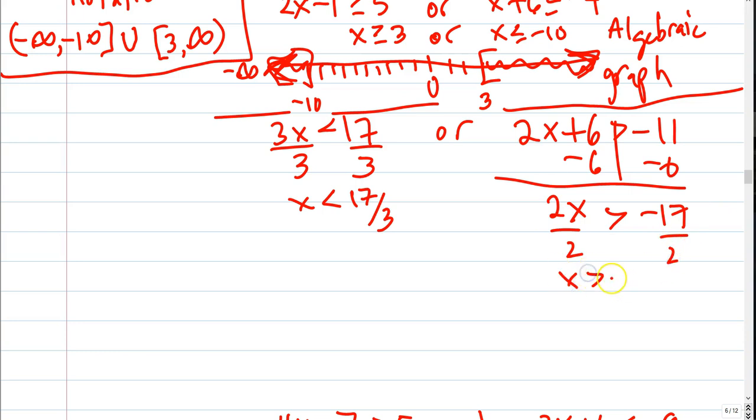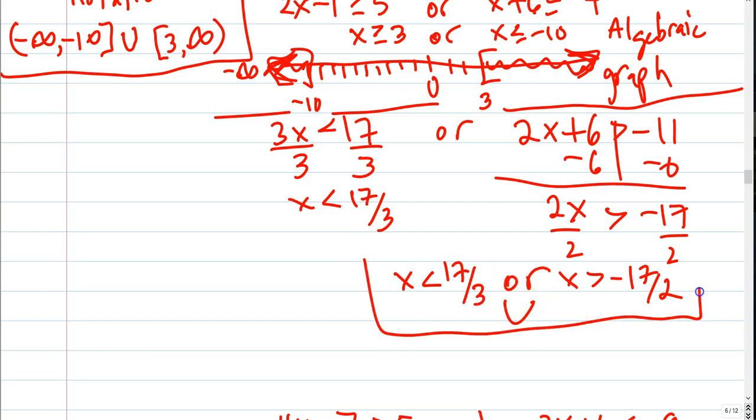X is greater than negative 17 over 2. To keep the algebraic solution, to get full credit for it, bring both statements down together and either use the word or the symbol OR, and that will be your first answer. Okay? So bring them down together and write them as a complete statement with either the words or the symbol OR.